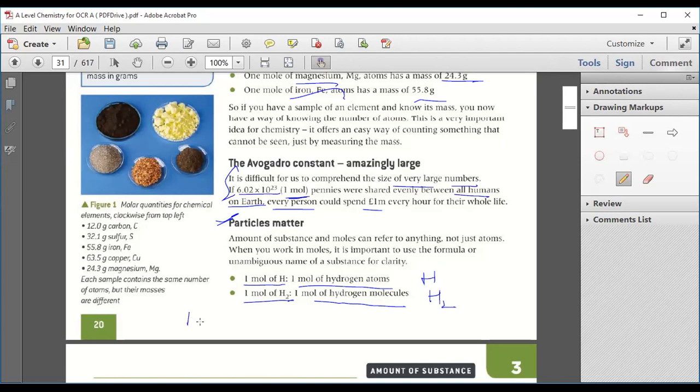If I say I have 1 mole of H2, that is Na number of H2 gas molecules.